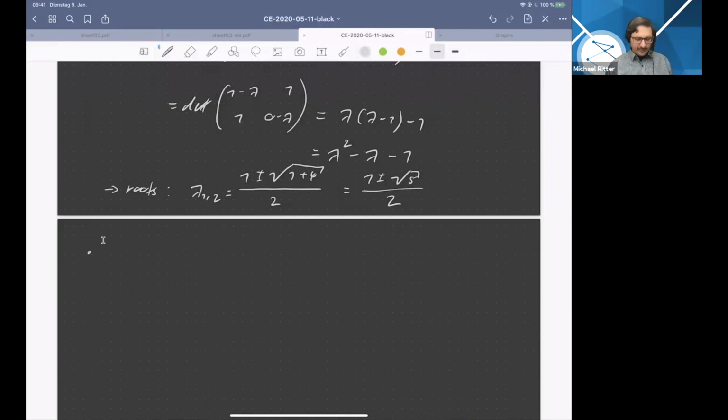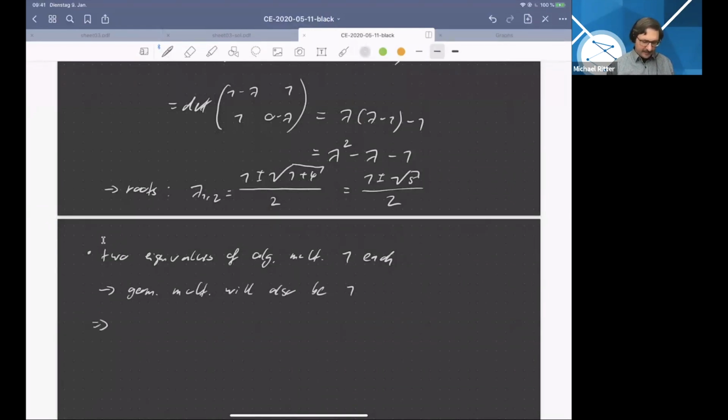Let me just quickly note that. Two eigenvalues of algebraic multiplicity 1 each. That means their geometric multiplicity will also be 1. That means we will get two linearly independent eigenvectors.